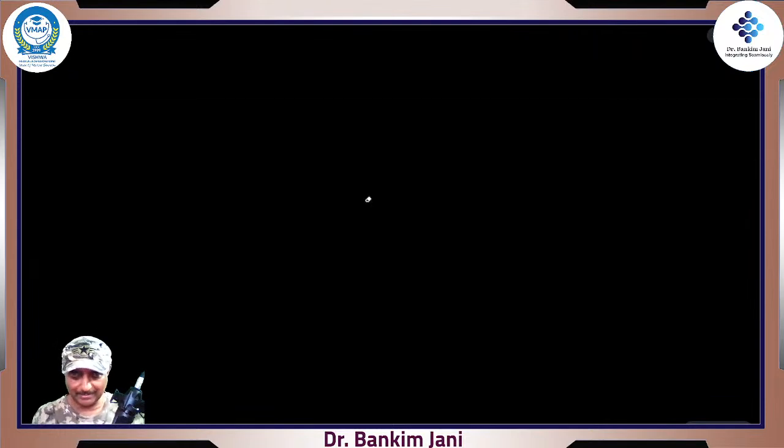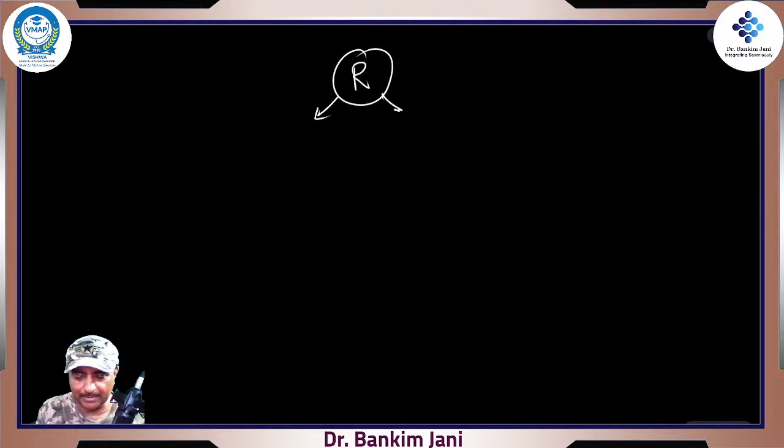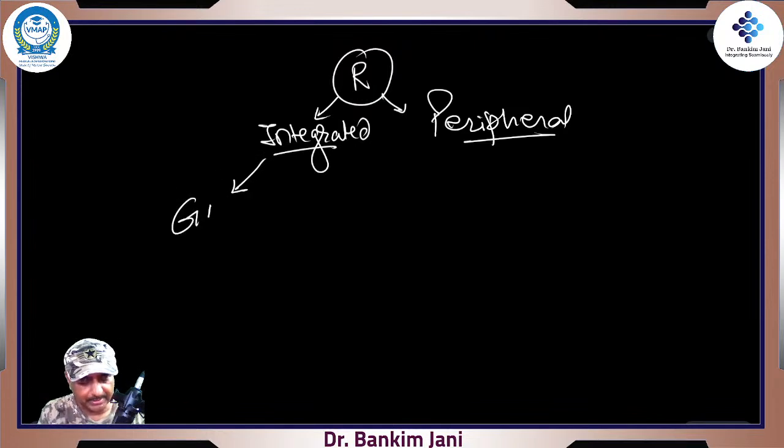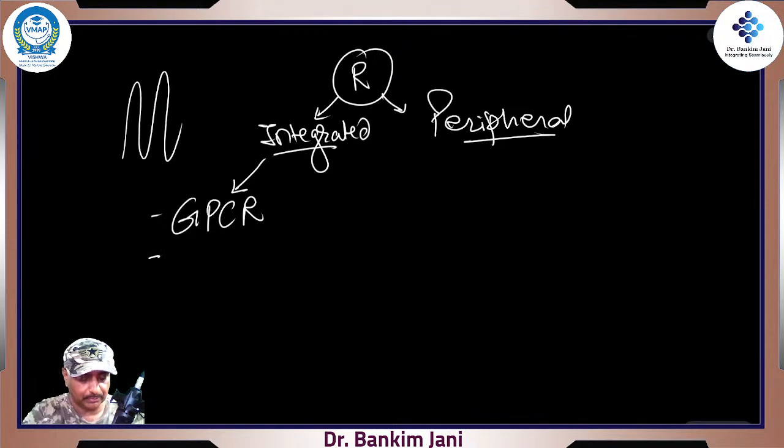So here it is, our receptors. In that receptor, we said integrated receptors, and this one was like peripheral receptors. We'll be dealing with peripheral receptors later on. Today our focus is on GPCR, G protein coupled receptors, which has 1 2 3 4 5 6 7 passes.